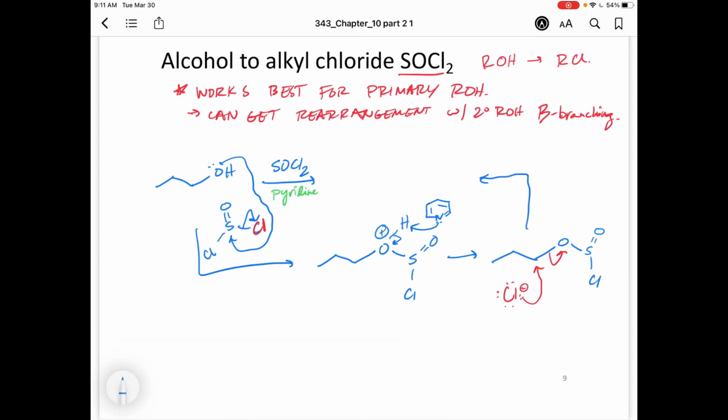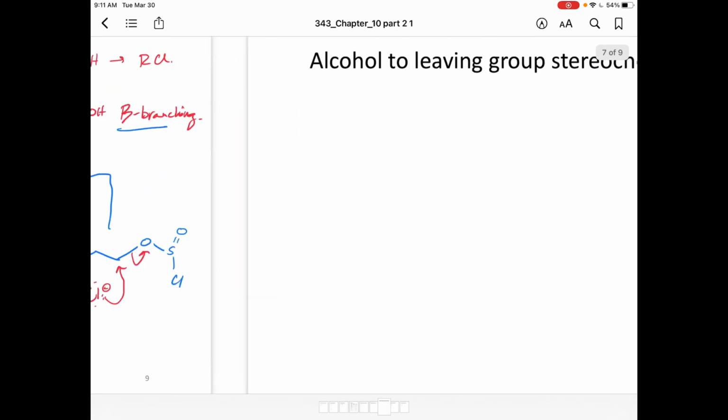This is one way you can access alkyl chlorides. Again, it works best for primary alcohols. You can use secondary, but not if you have beta branching. It doesn't work very well; you can get rearrangements. So this is just another way to turn an alcohol into a leaving group.